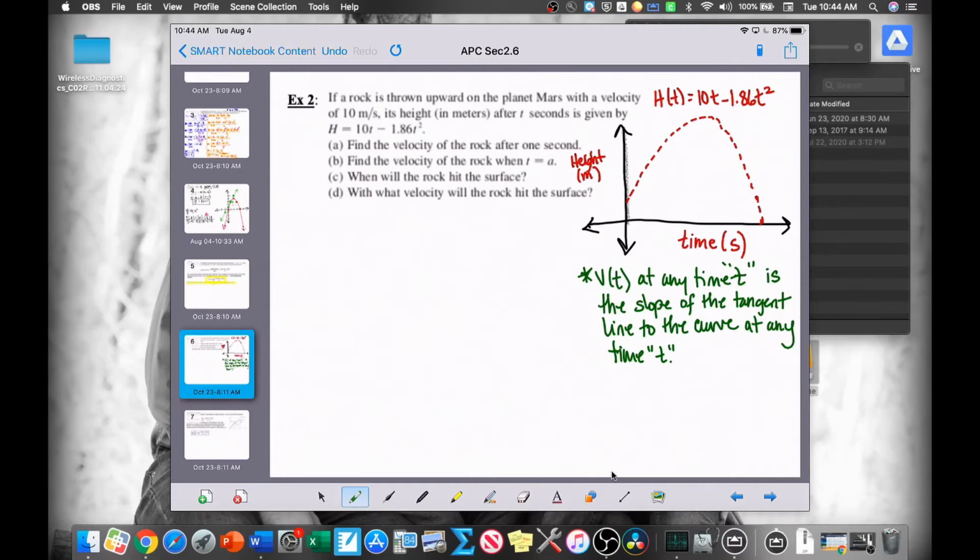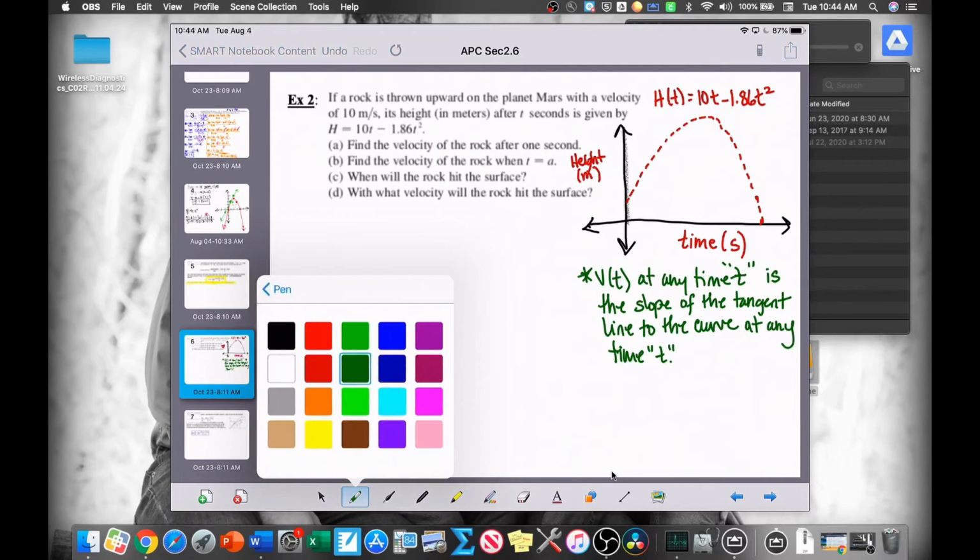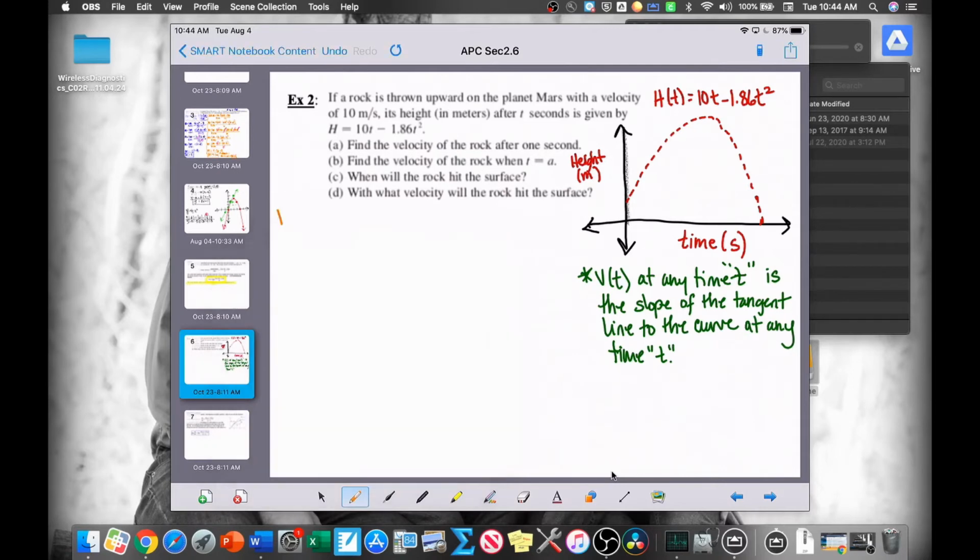And here's why. Let's write a little note so that when we come back and look at this later, we understand why. So note, we are asked to find velocity when t equals 1 and when t equals a.